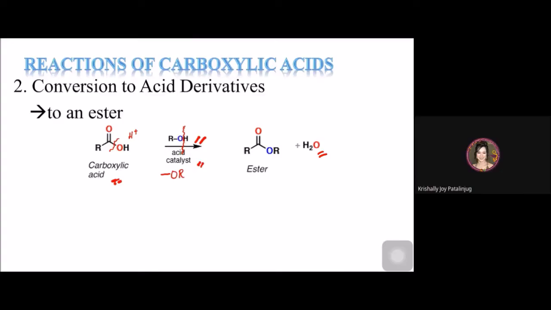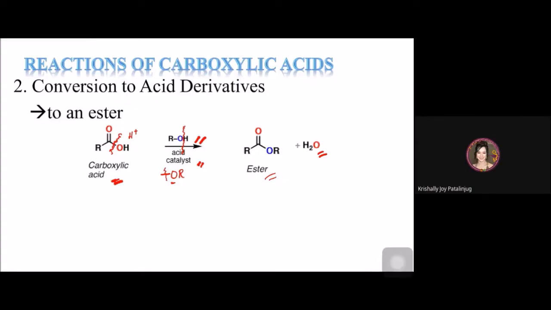The point of attachment is the oxygen of the alkoxy, because this is the unstabilized, electron-rich one. Upon substituting on this part, you will then produce an ester. So that is how to convert carboxylic acid to its ester derivative.